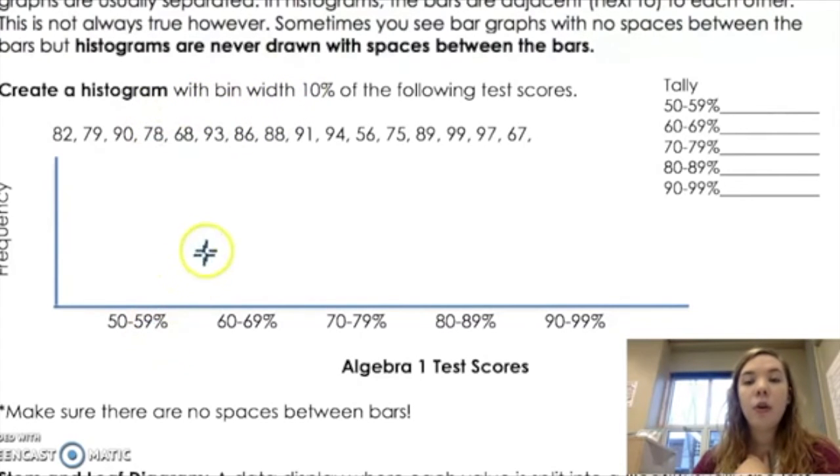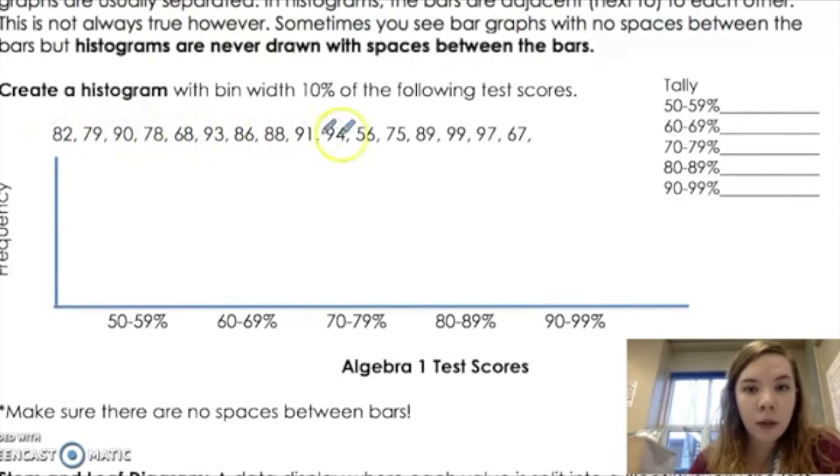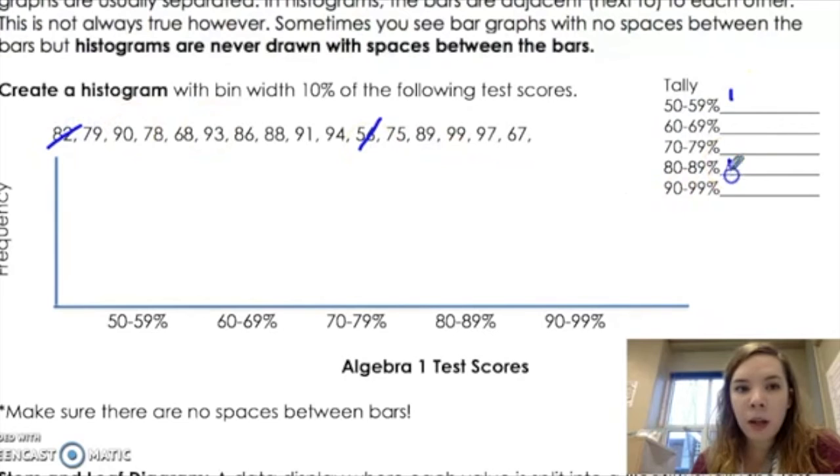All right, so I am going to tally how many grades I have that are between 50 and 59. So if we go through our list here, we can just start at the end. 82 would go in this bin, 79 in this bin, 90, and so on.